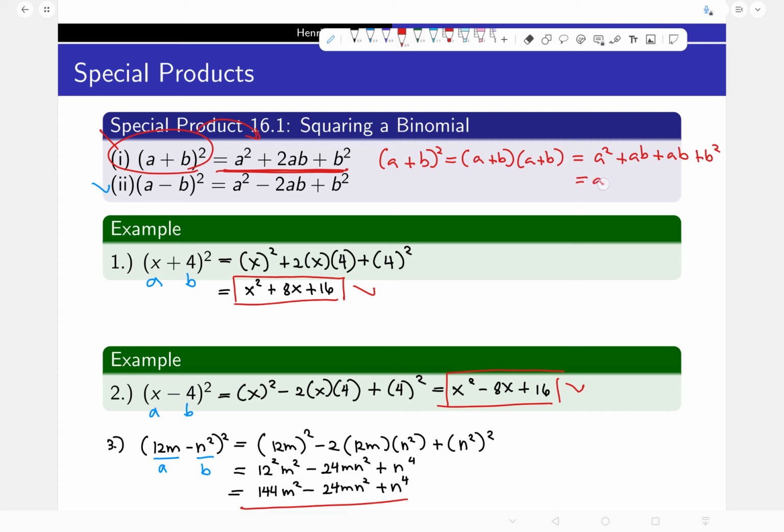You can combine these because these two are similar terms. This is 1 and 1, so 1 plus 1, we have 2. So positive 2ab plus b squared. So we got the right side.